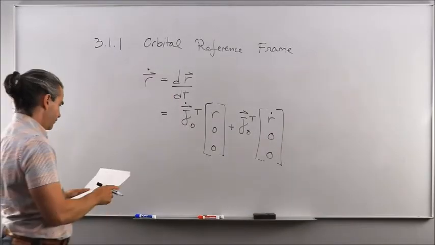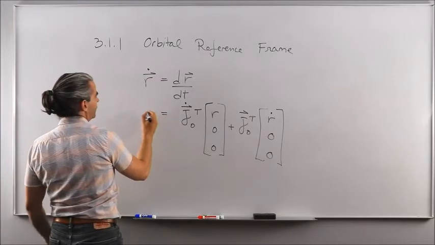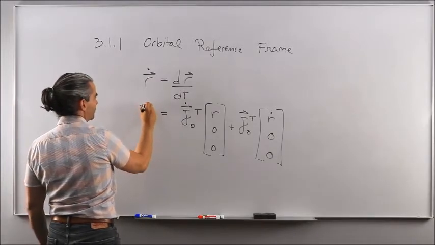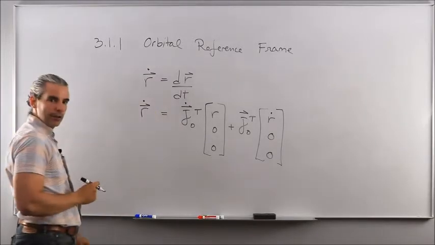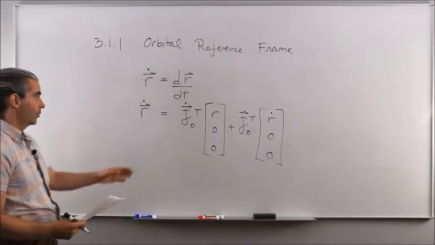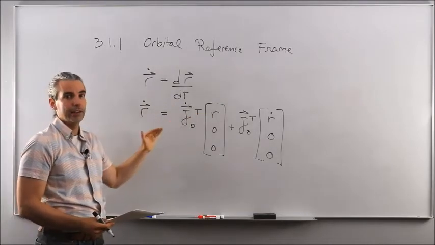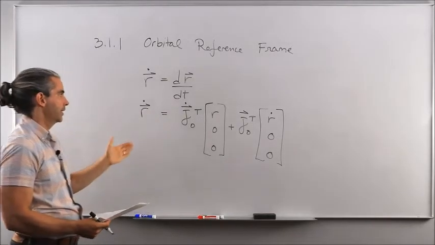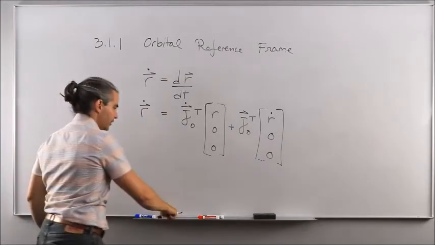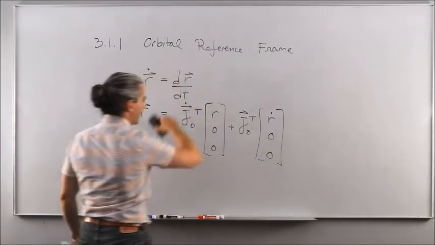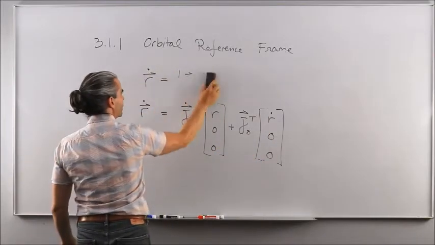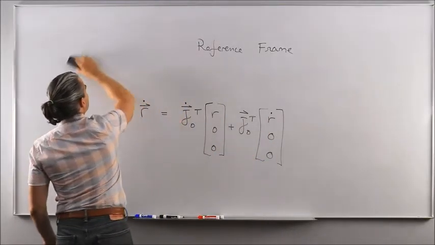And all this is for the speed, or the inertial derivative of our position vector expressed in terms of its components in the orbital reference frame, although in its current form it's not that easy to play with, or not that clean. So what we're going to do is keep playing with that relationship a little bit and end up with something quite a bit nicer in the end.